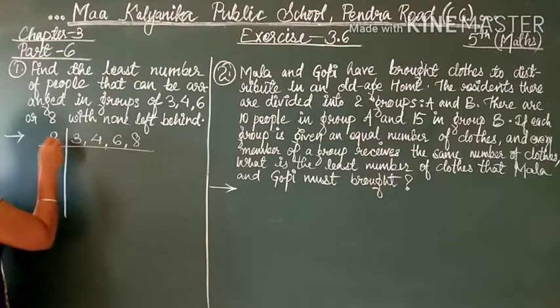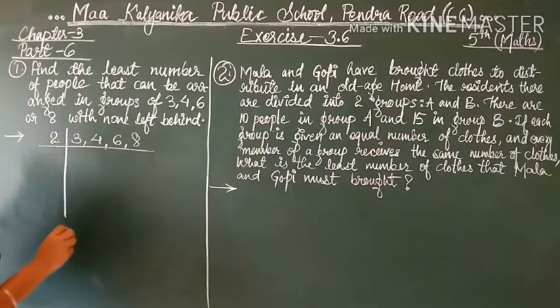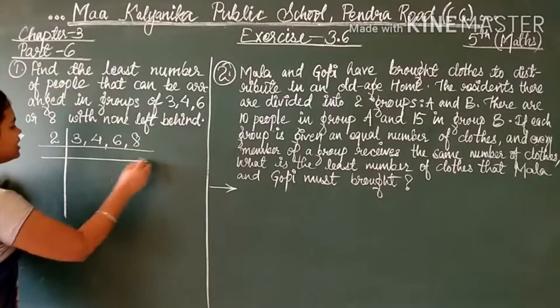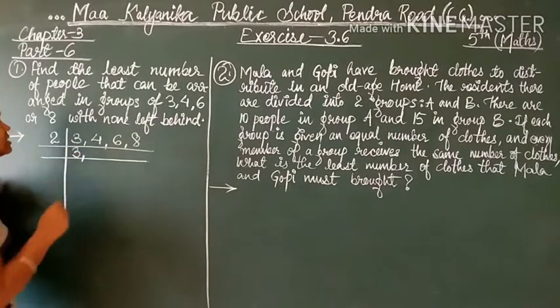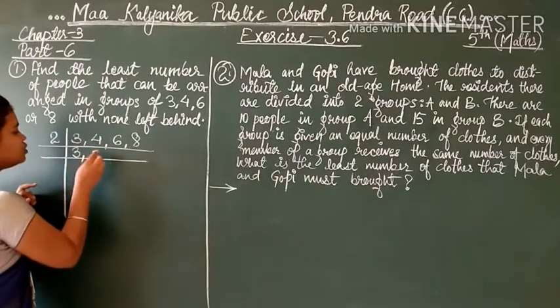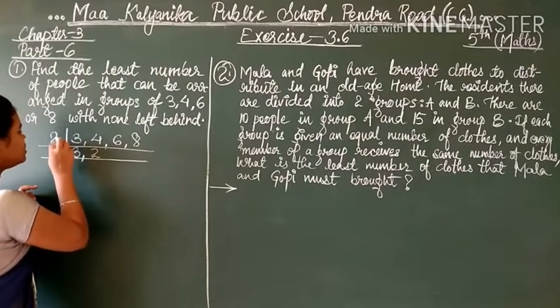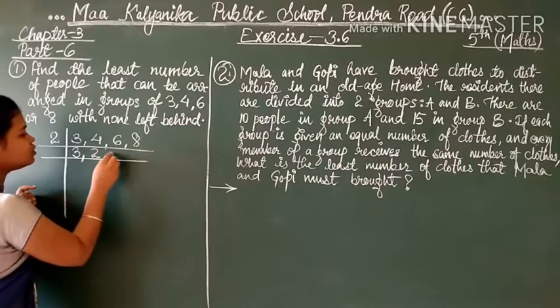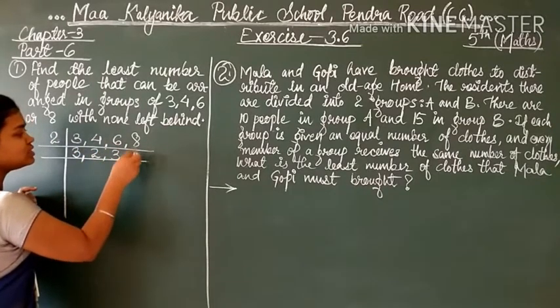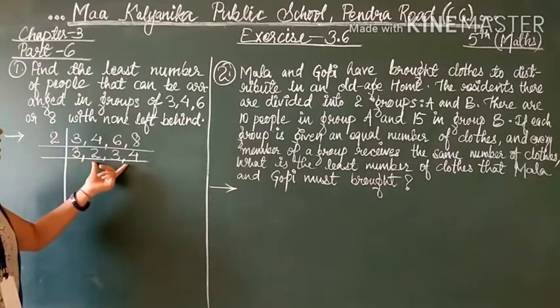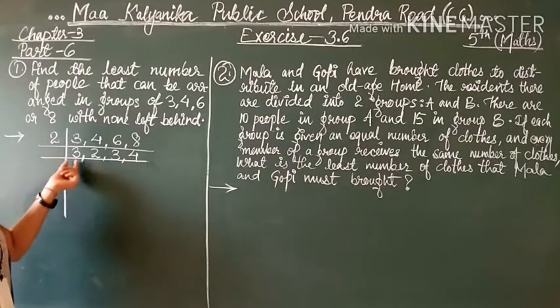So first we take the common factor 2. Since 3 cannot be divided by 2, 3 will be as it is. Then 2 2's are 4, comma, 2 3's are 6, comma, and 2 4's are 8.